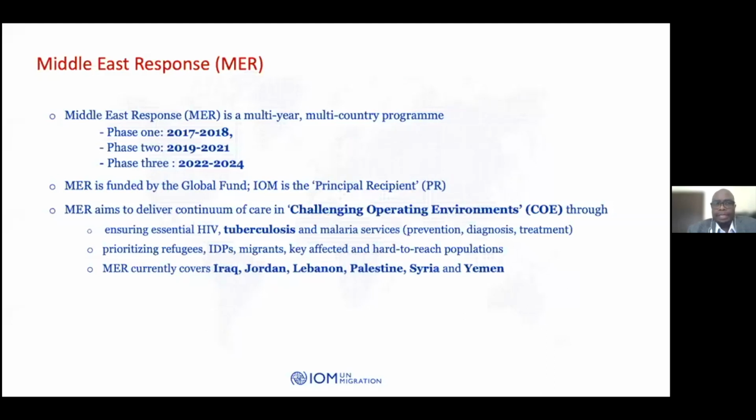I have already mentioned the number of countries. These countries are classified by the Global Fund as challenging operating environments because of the difficulties in terms of access and basic implementation in those countries. Next slide.